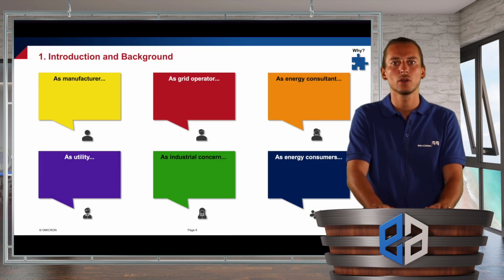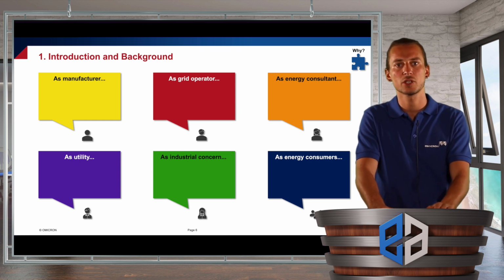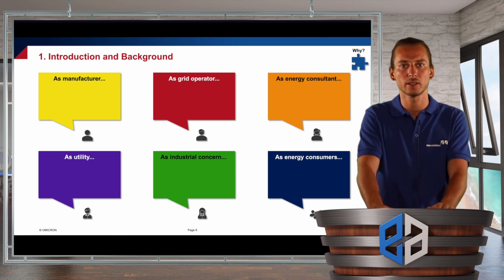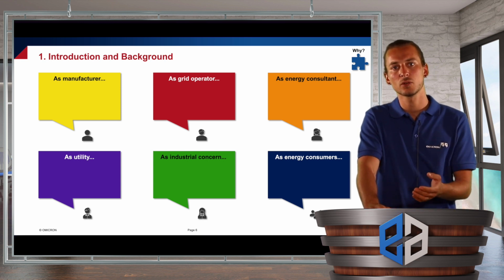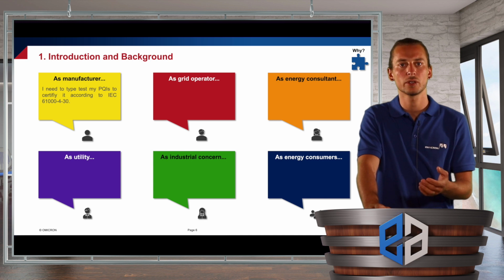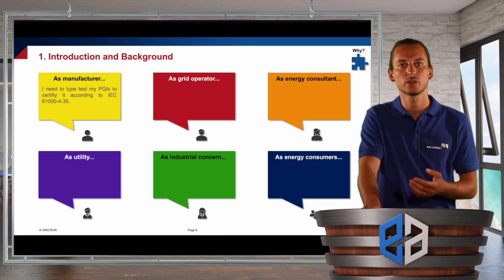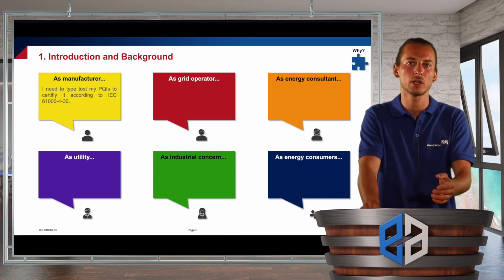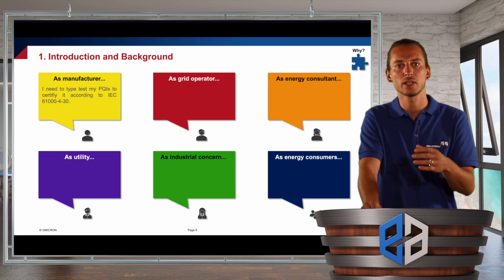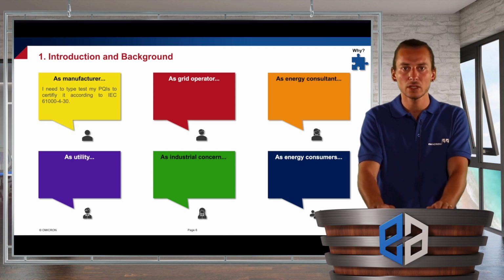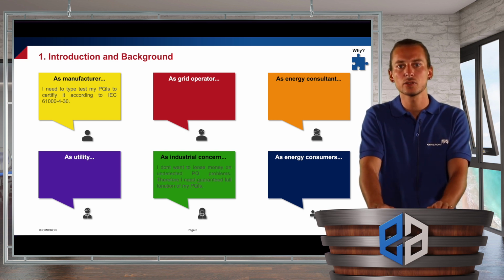Let's have a look at the single stakeholders who can have an interest in testing their power quality instruments. First of all, of course, the manufacturer who wants to promote a new product. He has to certify his new power quality instrument according to a type test which is defined in the IEC 61000-4-30. Then there is the industry concern.